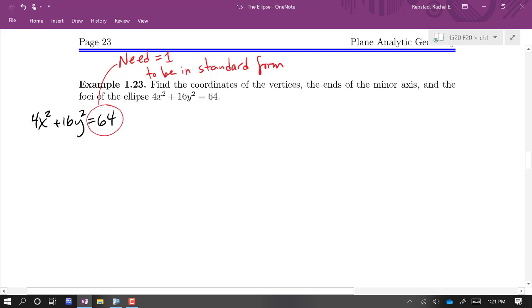And the way we're going to do that is just by dividing both sides by 64, which means we're going to divide all terms by 64. And then reduce these fractions. 4 goes into 64 16 times, so we have x squared over 16 plus y squared over 4 equals 1. Now that's in standard form.